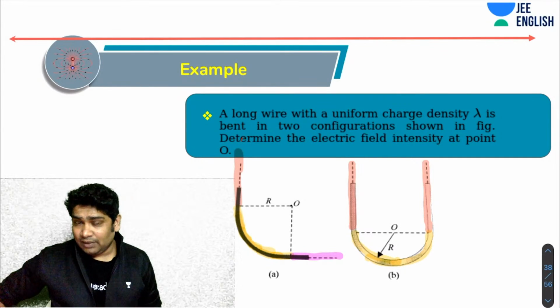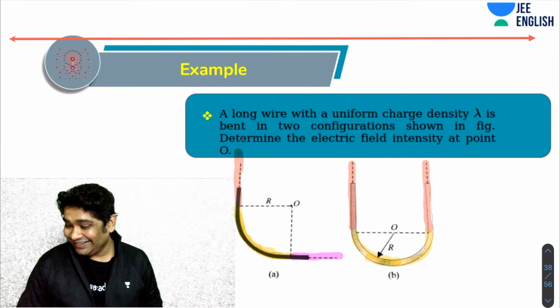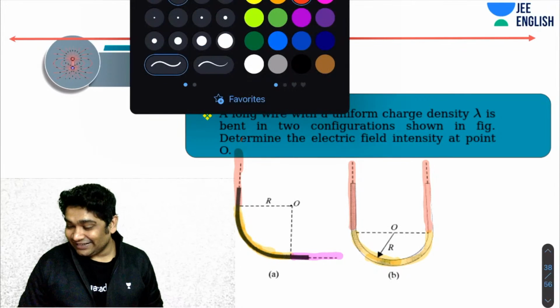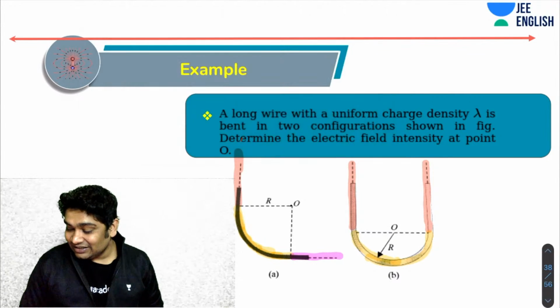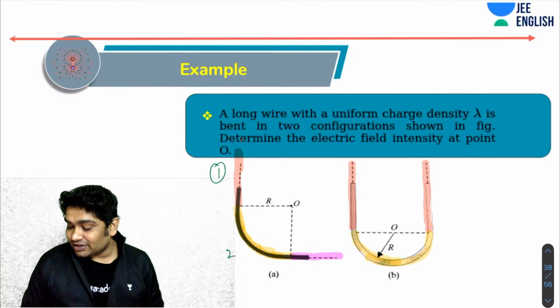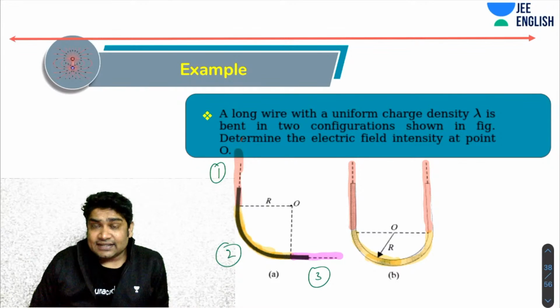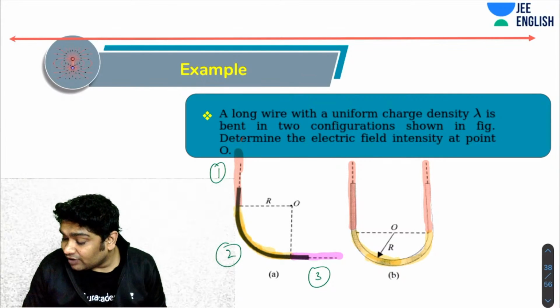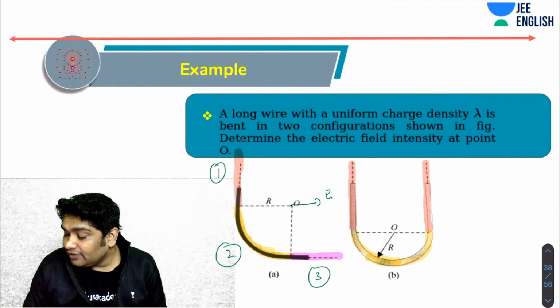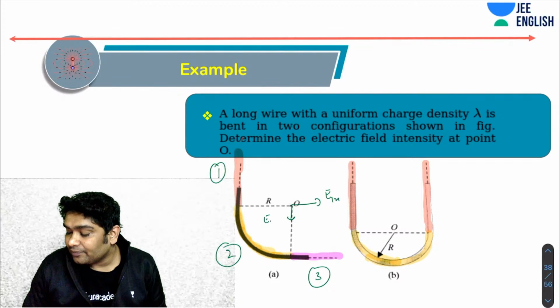All right, so time up. So let's imagine, this is section 1 of the wire, section 2 of the wire, section 3 of the wire. So section 1 कैसा है? It is a semi-infinite wire. So the semi-infinite wire would have created a field E1x and something like this, E1y.